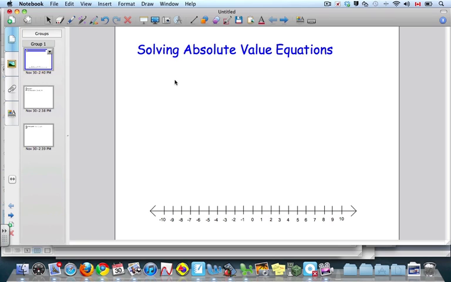But before we do that, let's talk about what absolute value means. If I have a scenario where I have the absolute value of y equals 4, this inside here means the distance away from 0 is 4. Well, here's 0 down here.